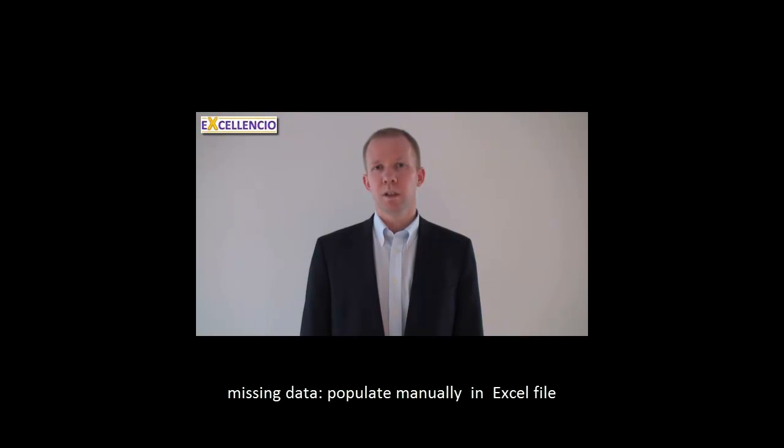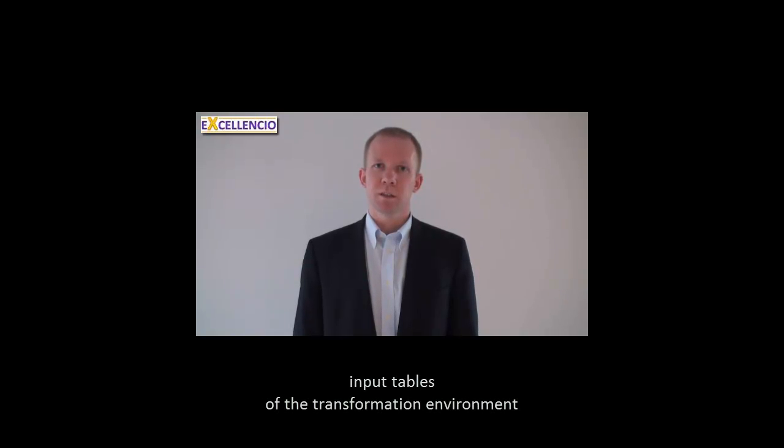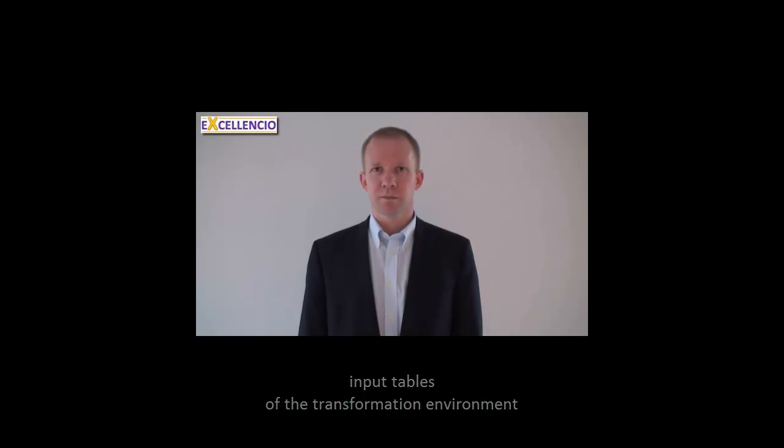In that case, the missing data should be populated manually in a separate Excel file. All the extracted data from all legacy applications and also the manually populated Excel files come together in one place, the input tables of the transformation environment.